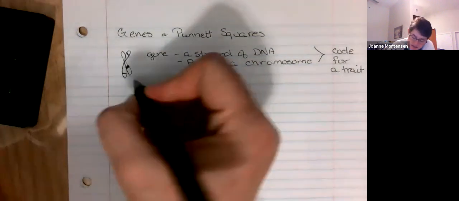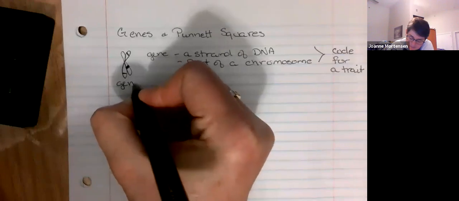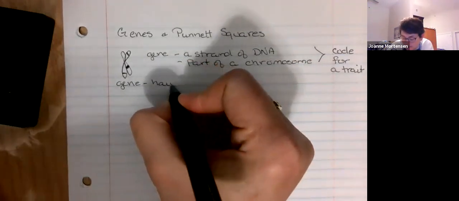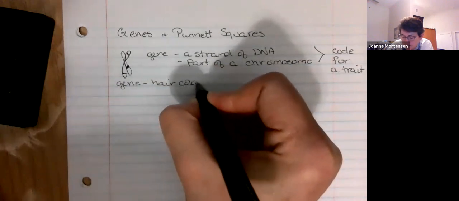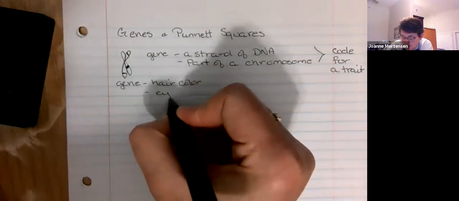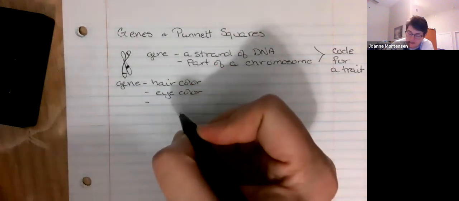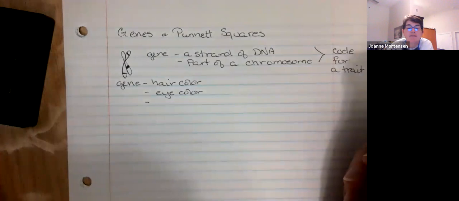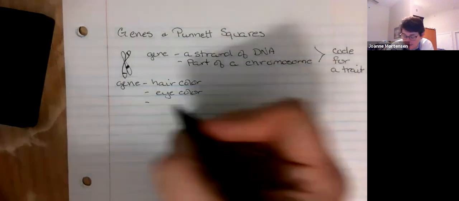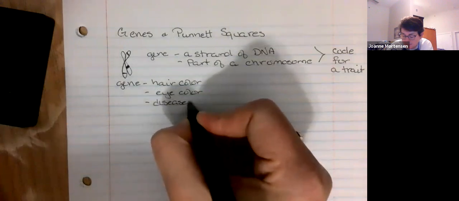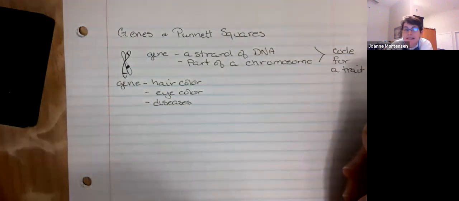So you're going to have a gene, you might have a gene or multiple genes for hair color or eye color. Okay. You have genes that might work for diseases, Huntington's disease, cystic fibrosis.